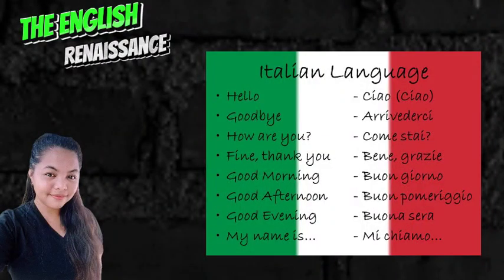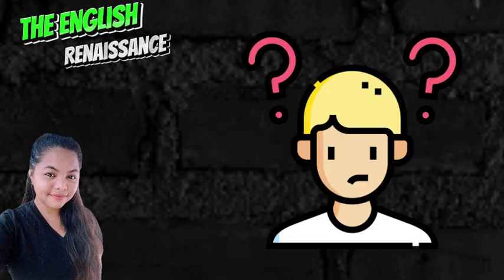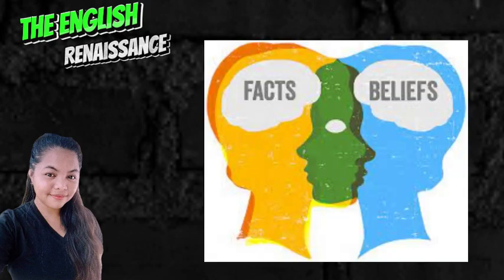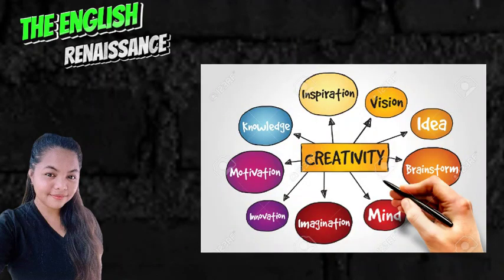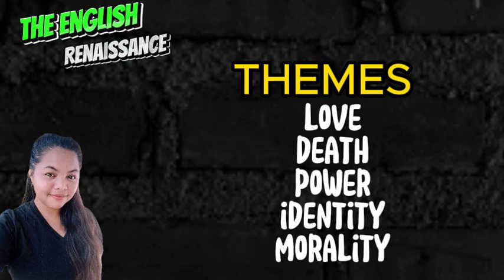The English Renaissance literature was also influenced by the exploration of the human condition and the individual psyche, which reflected the Renaissance spirit of curiosity, skepticism, and creativity. Many writers explored the themes of love, death, power, identity, and morality, as well as the complex and contradictory aspects of human nature.